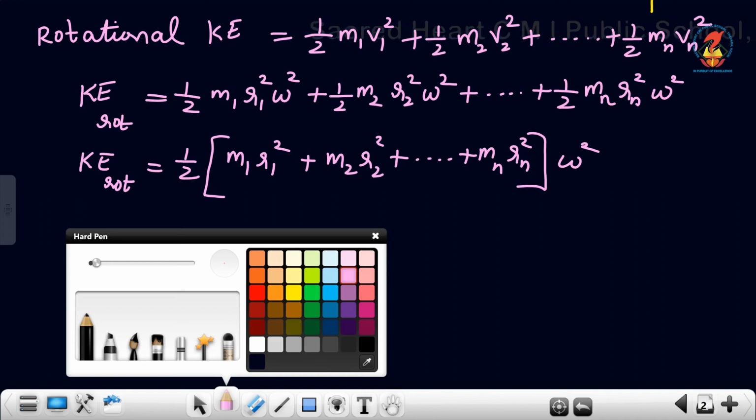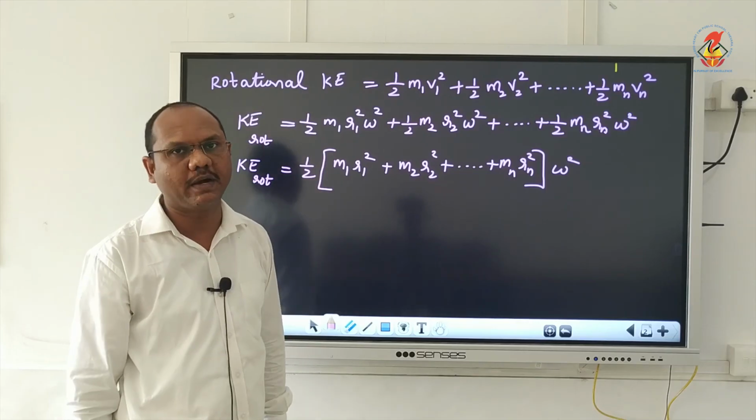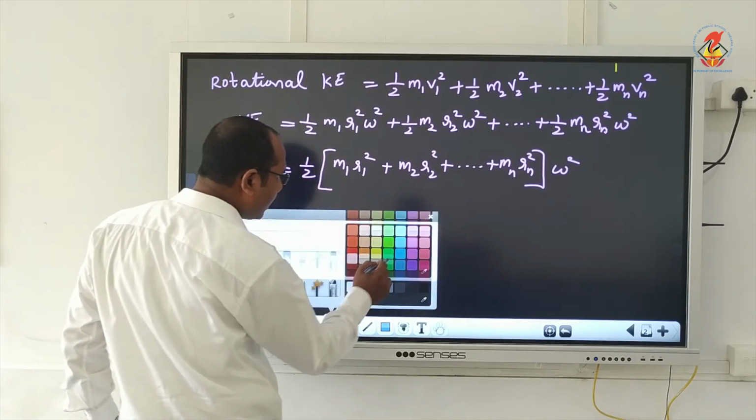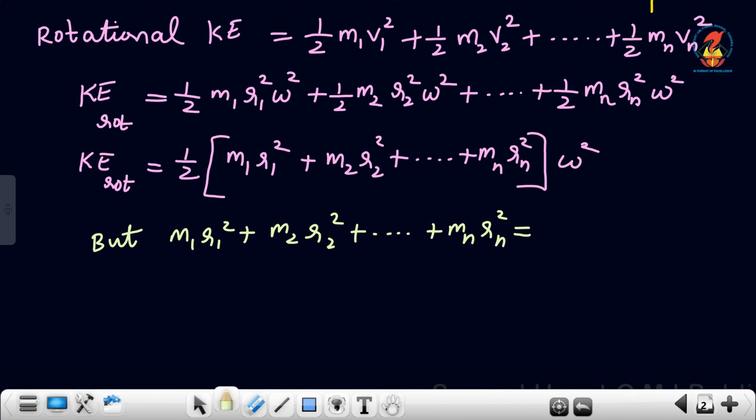Now in the last class we studied that m1 r1 square plus m2 r2 square plus etc. plus mn rn square is the moment of inertia, right? It is equal to sigma i equals 1 to n of mi ri square.